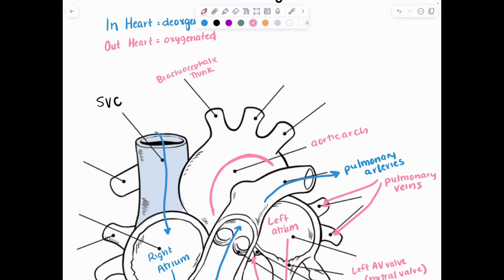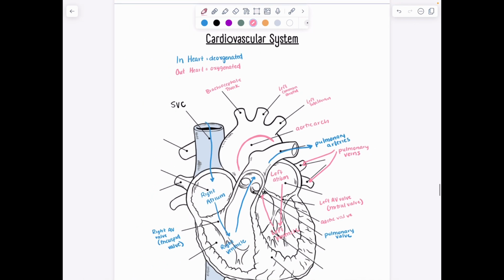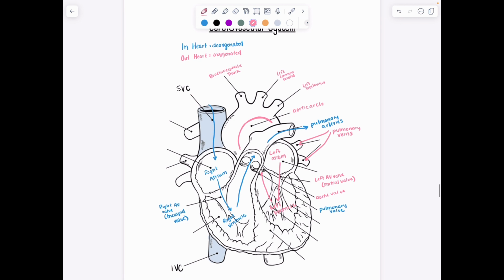And then as I go left, I have my left common carotid, and then I have my left subclavian. My brachiocephalic trunk will break into my right common carotid and then my right subclavian. When we get into blood vessels, we'll talk more about where they break off from there.